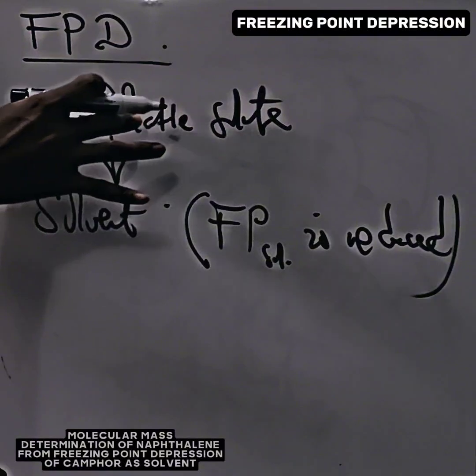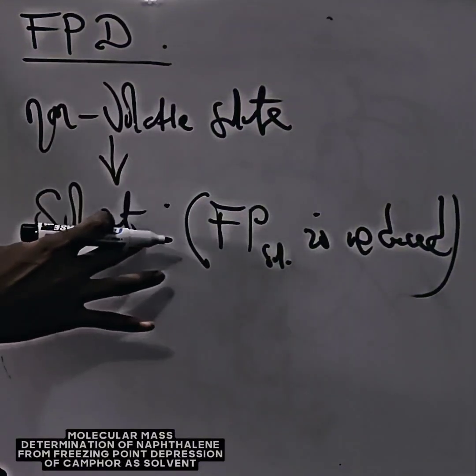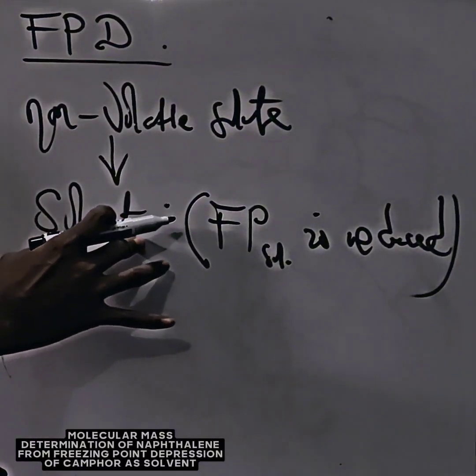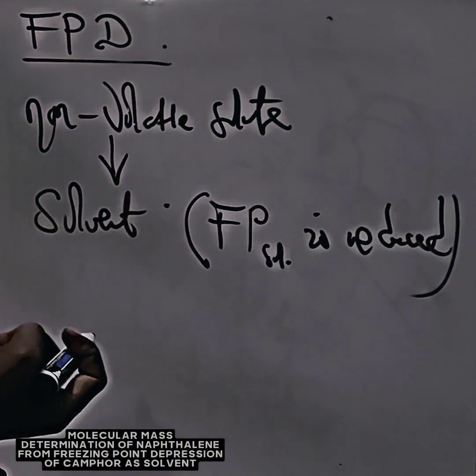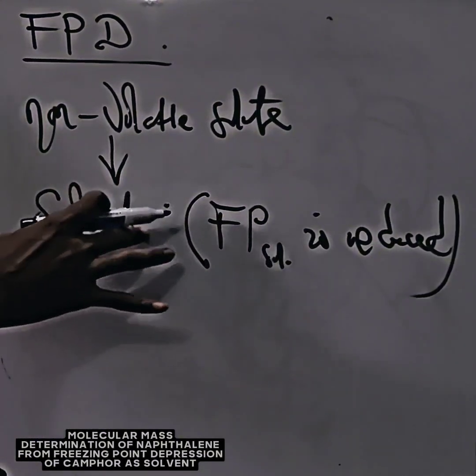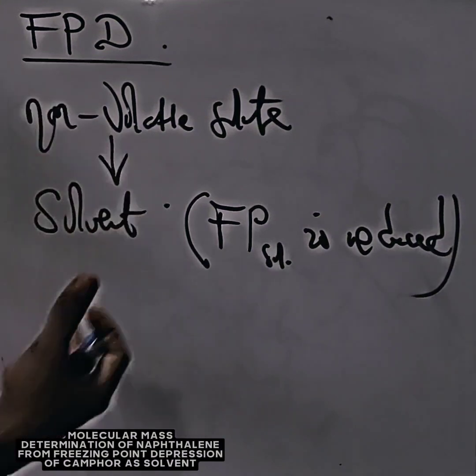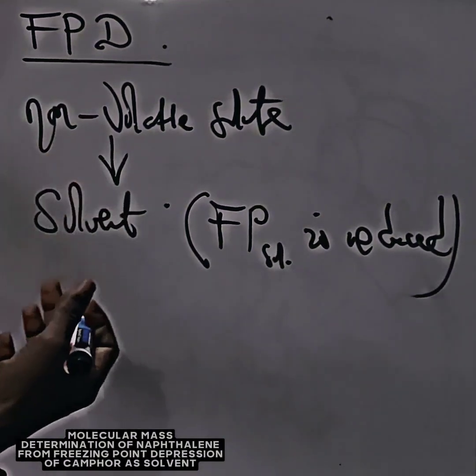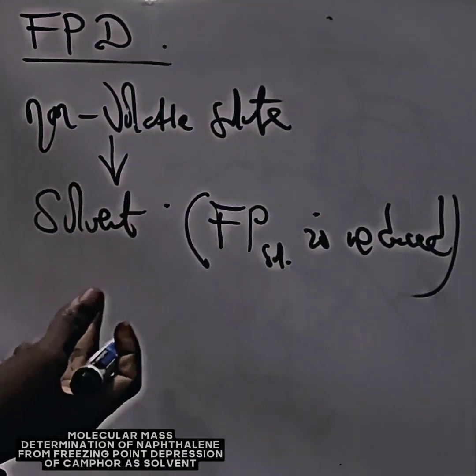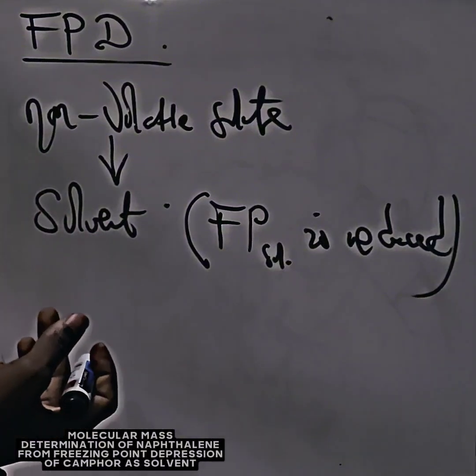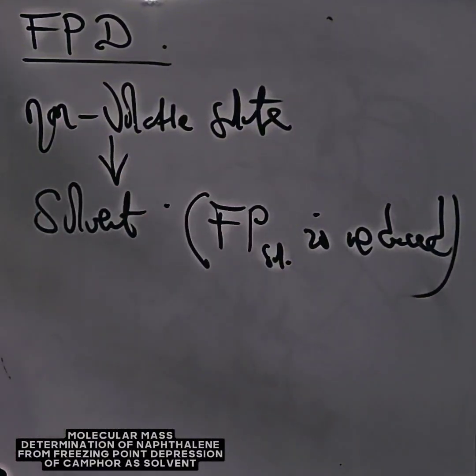So due to the presence of the solute, it distorts the crystal lattice of the solvent, thereby reducing the ability of the solvent molecules to rearrange themselves into a solid structure or a solid crystal lattice. So we know what the freezing point is.